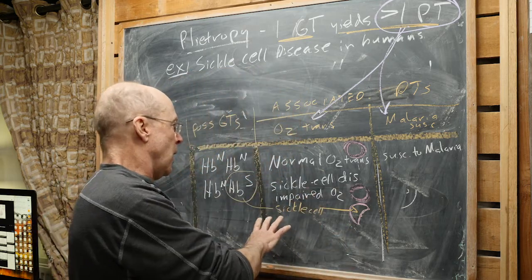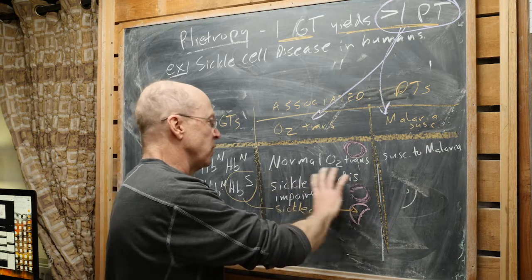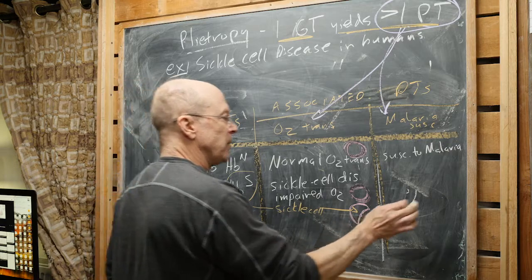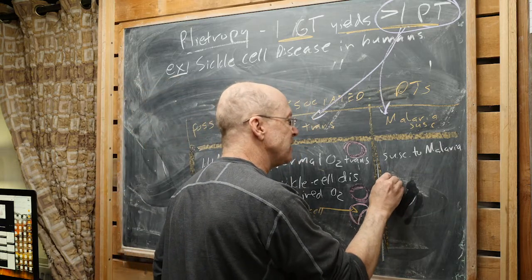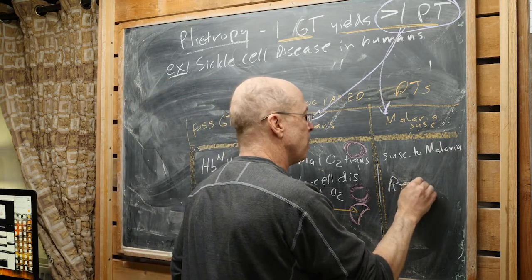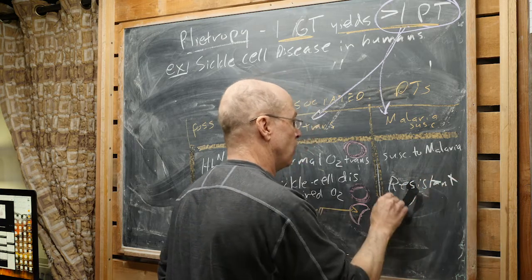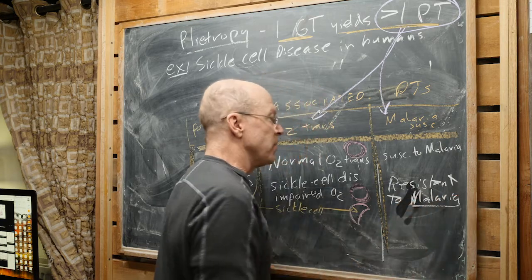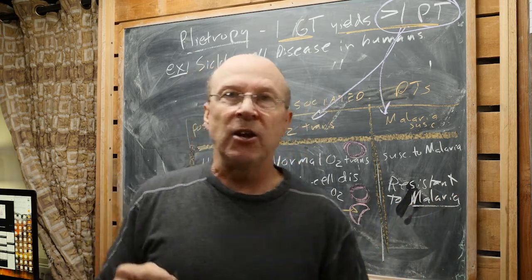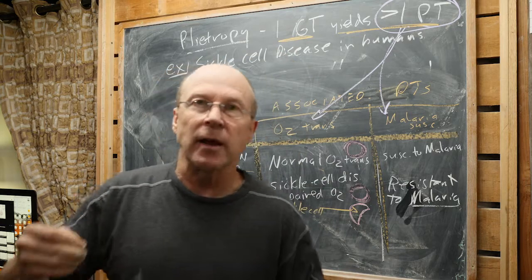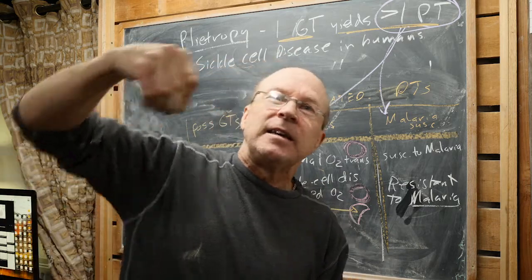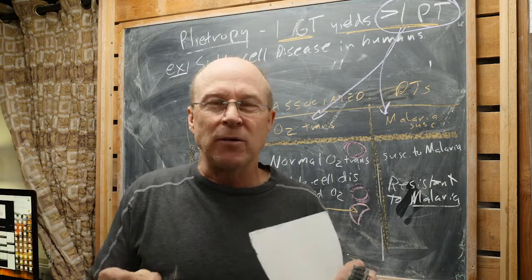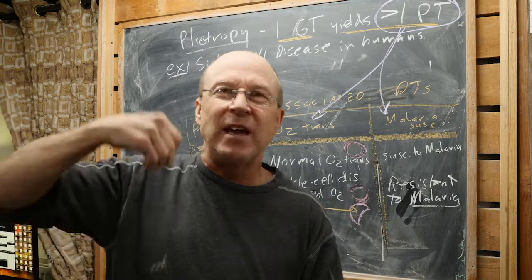So here we have a circulatory impaired person. However, the flip side of this is that these are resistant to malaria. The malaria parasite is an intracellular blood parasite that attacks red blood cells and gets inside and then starts to asexually reproduce to make more copies of the parasite, and then it ruptures red blood cells and invades another.